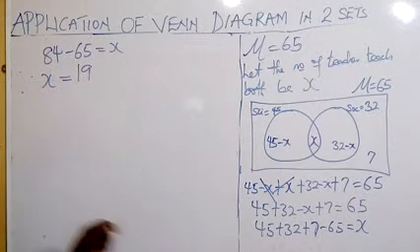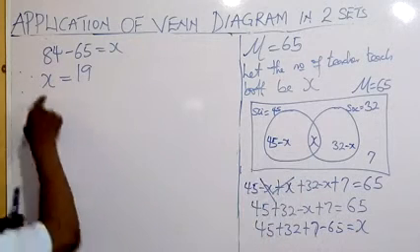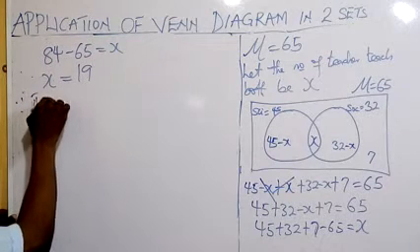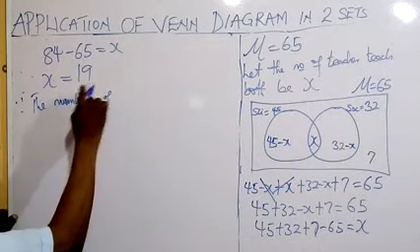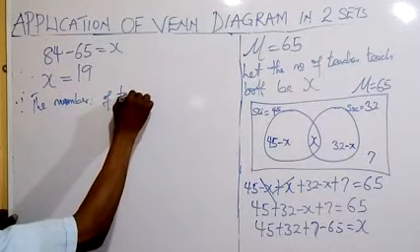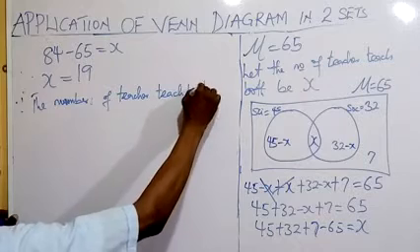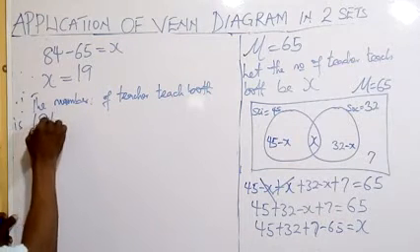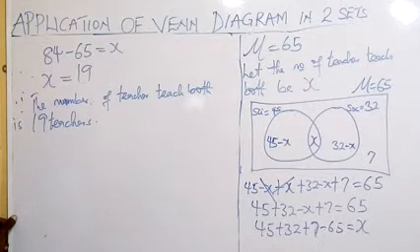Don't forget, we represented the number of teachers that teach both subjects as X, and the value of X is 19. So therefore, the number of teachers that teach both is equal to 19 teachers. That is our final answer.